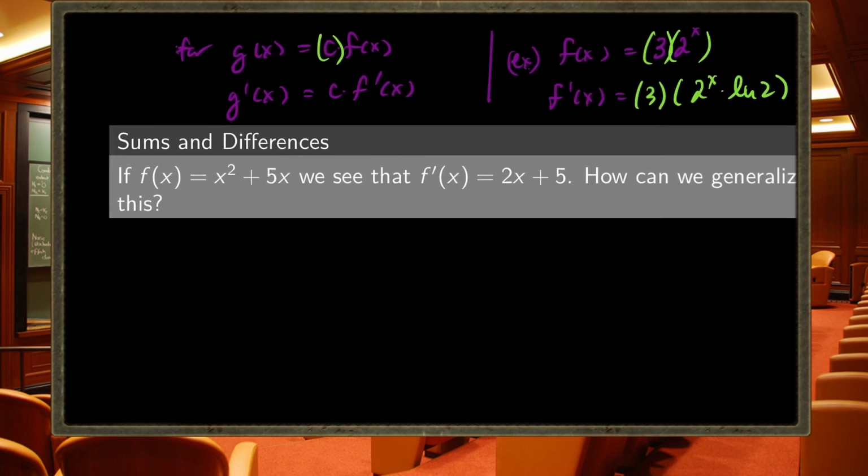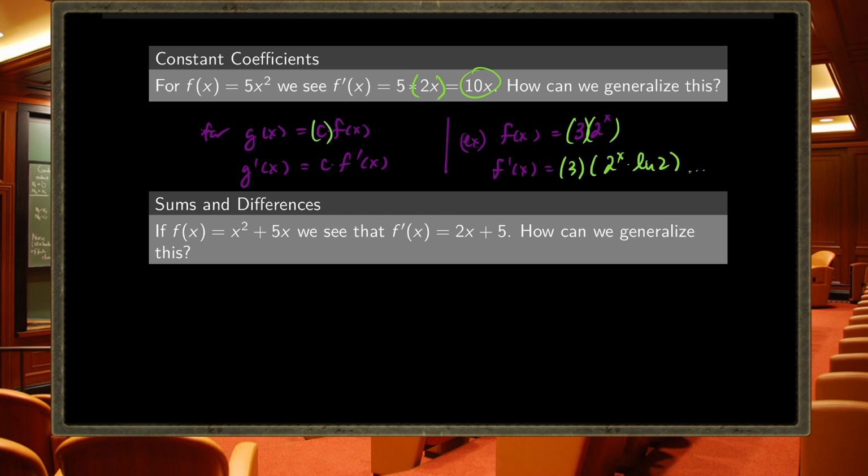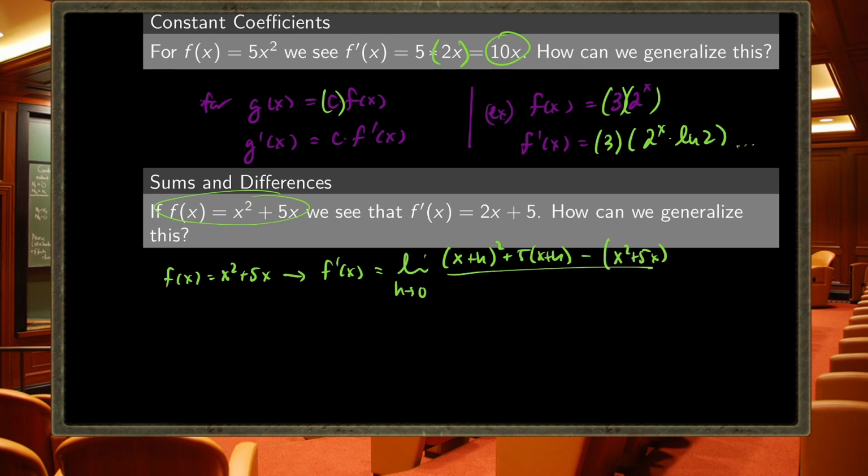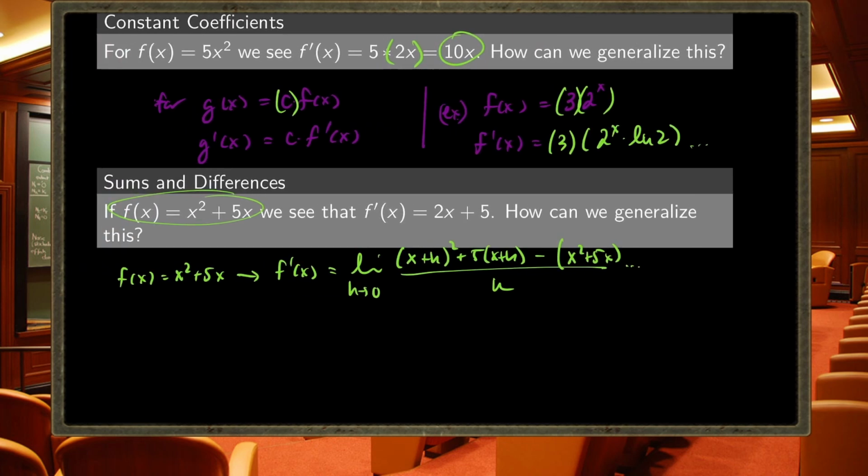And similarly, sums and differences. Through the limit of the difference quotient, these things are treated relatively nicely. So, if I have this function here, f of x equals x squared plus 5x, if I carry this through the limit definition of x plus h squared plus 5 times x plus h minus x squared plus 5x, all over h, you'll see that this is equal to 2x plus 5.